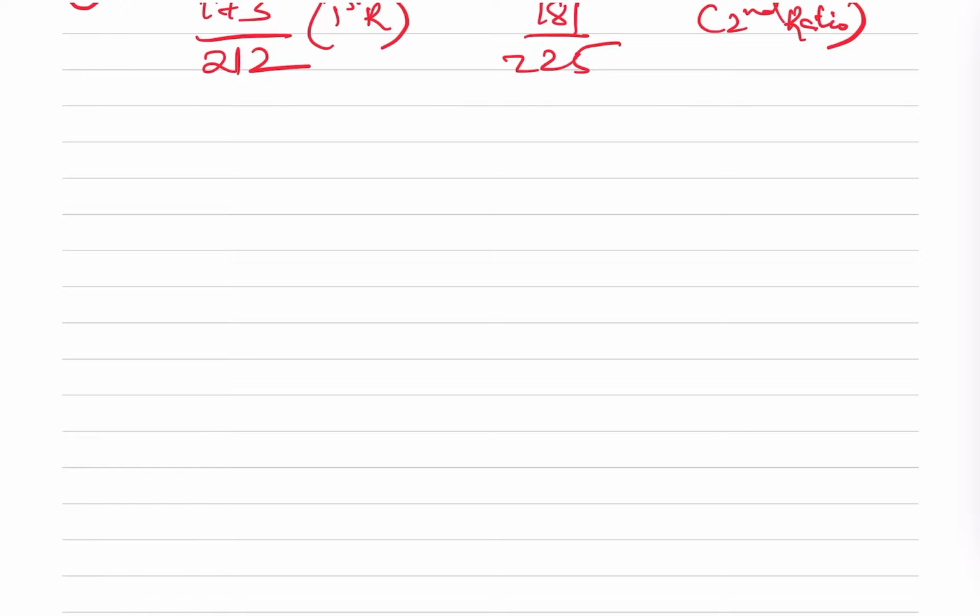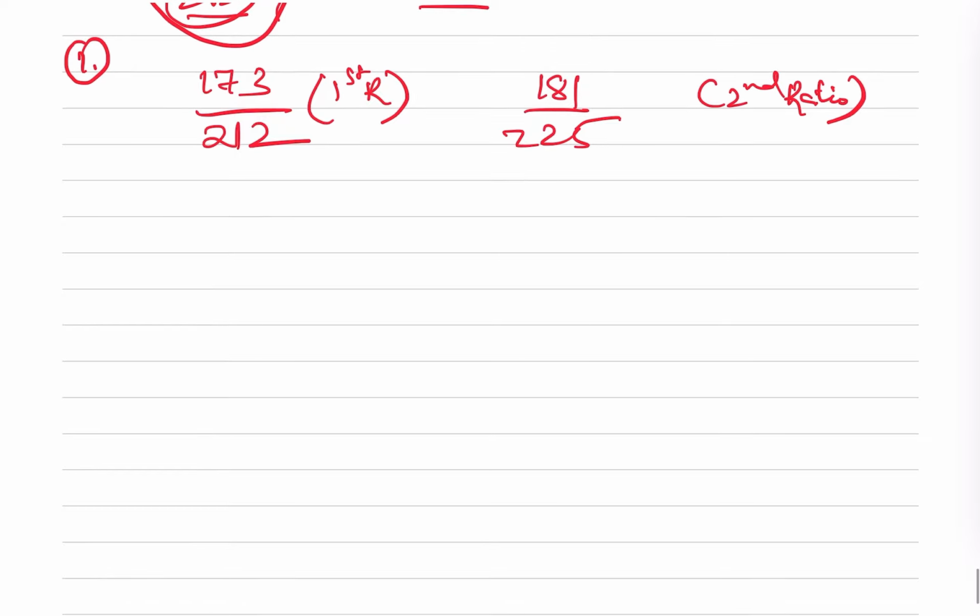Now what we have to do is, you see this 173 is changing to 181. Can you tell me what is the difference here? 8 difference. And 212 is changing to 225, plus 13, right?